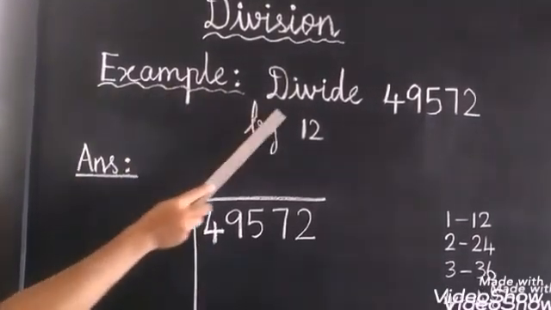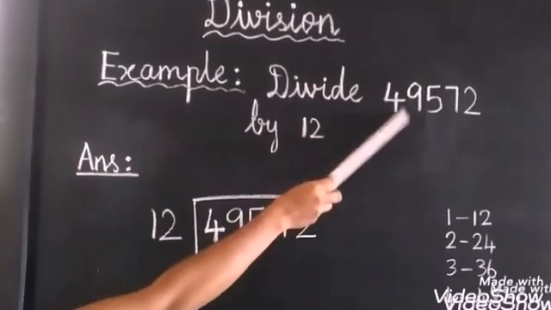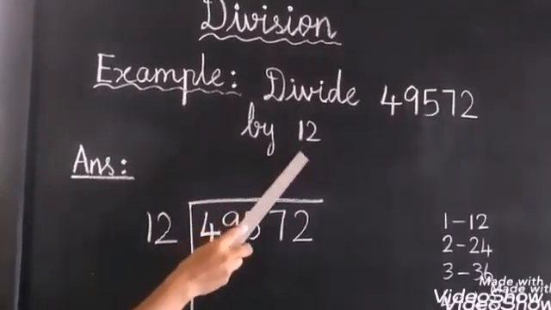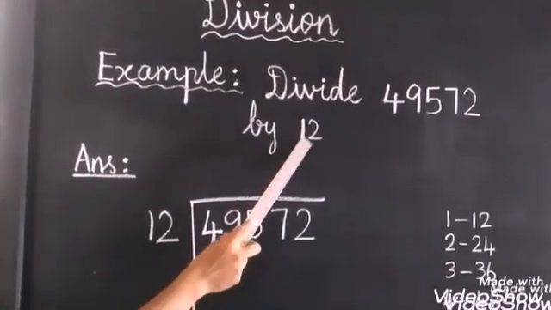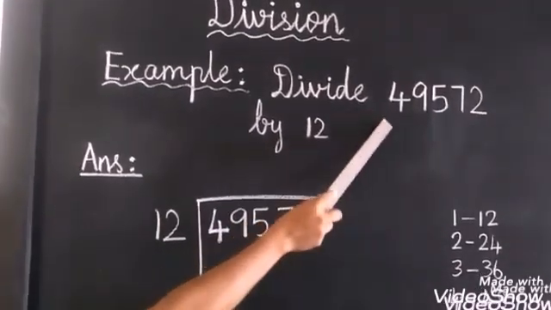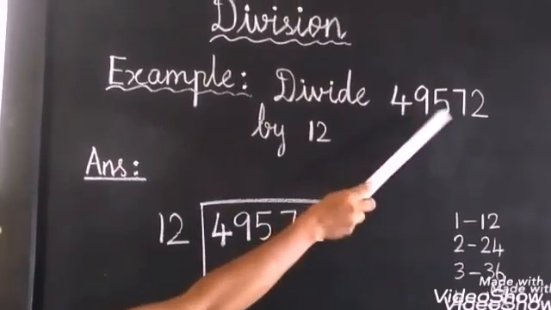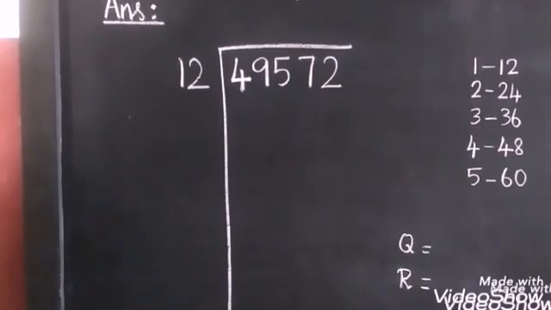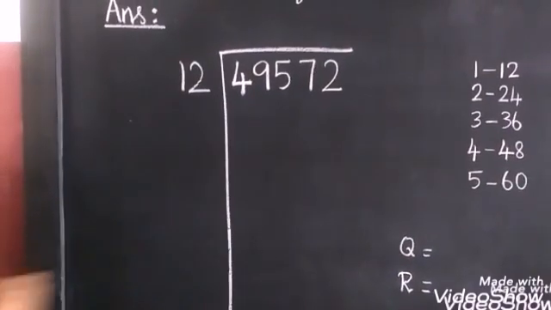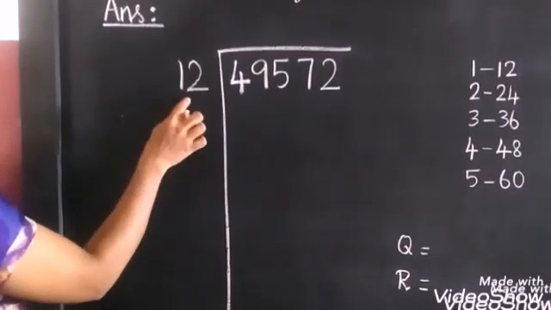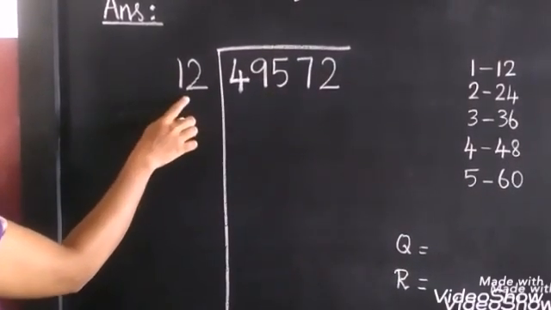Listen to the example. Divide 49,572 by 12. The divisor is 12. So by the 12 table we have to divide 49,572. First we have to write the 12 table. Next, the divisor is 12, so we have to check the first 2 digits in the dividend.